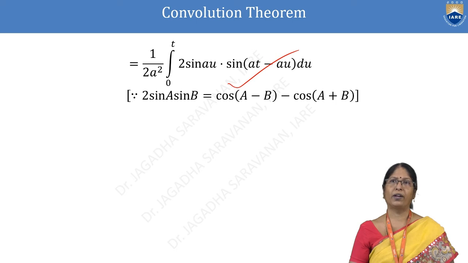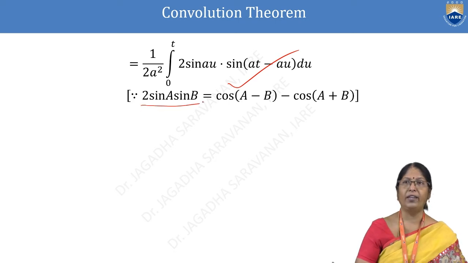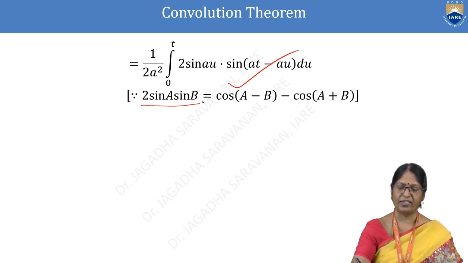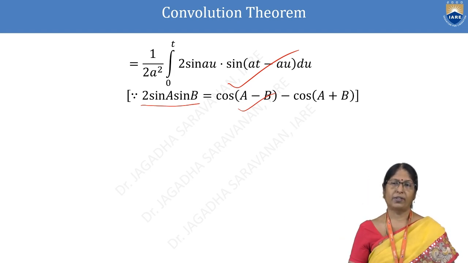Now the trigonometric formula we have taken: 2 sine A sine B is nothing but cos of A minus B minus cos of A plus B. With this help, we are going to do this integration.